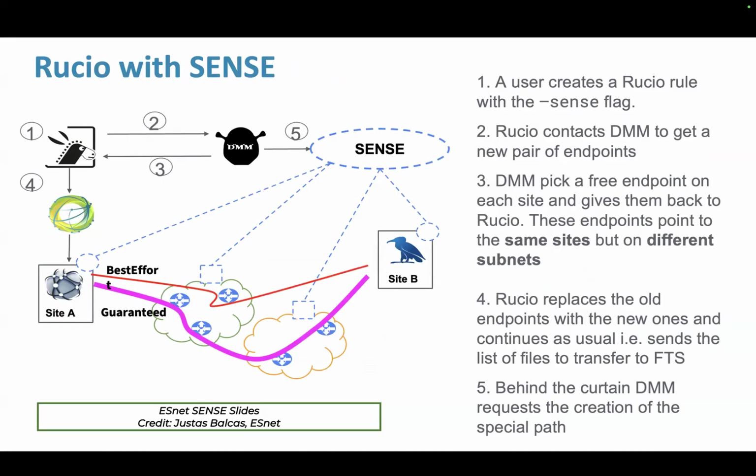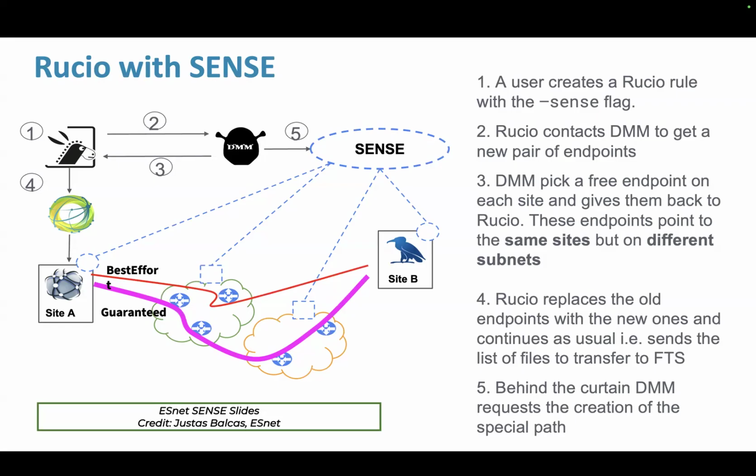And also, just one use case of ESnet SENSE is using it with Rucio. And Rucio, the easiest way to explain it in very simple terms, is a data management solution or service that allows the users to share. It's for data movement, basically.